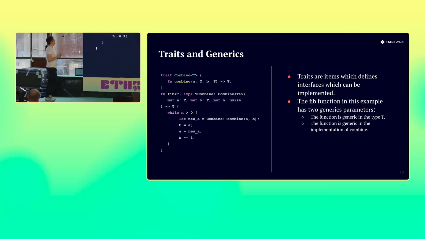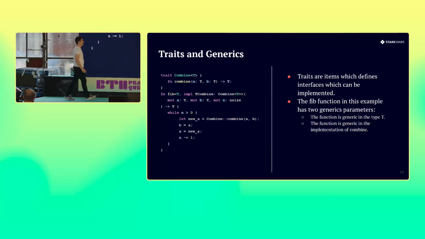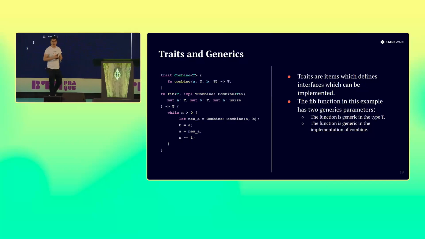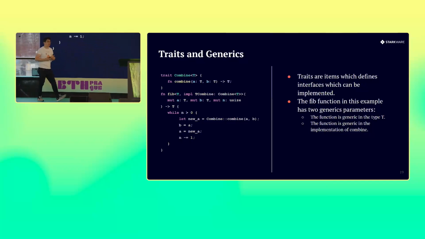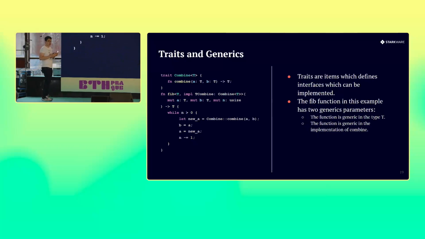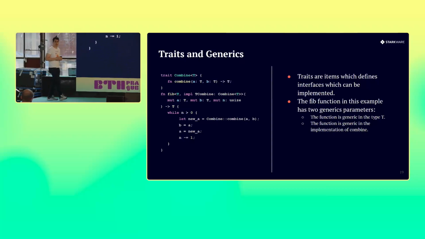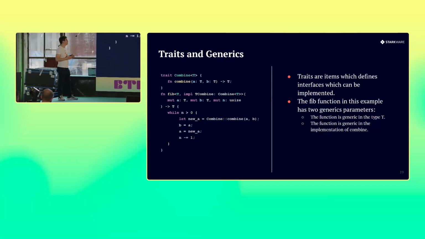So in here, we have a trait that we call Combine, and our new Fibonacci function doesn't just add A and B, it does combine A and B. How does it know which combine to use? I only have a trait. We give, as a generic parameter, an implementation of Combine. We call it TCombine.